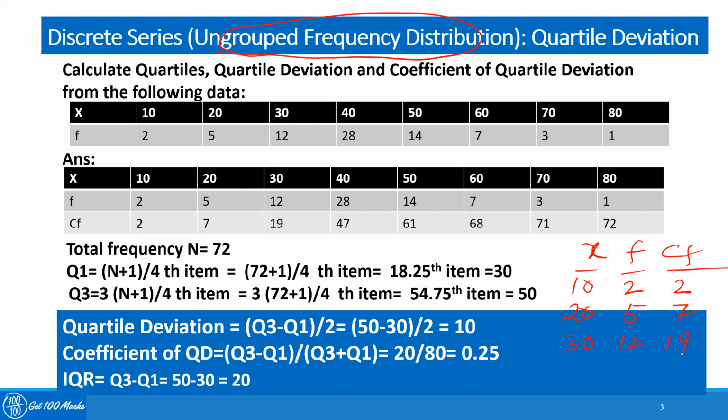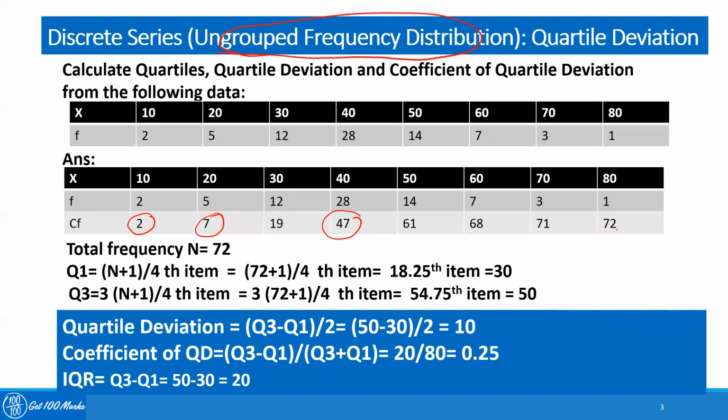Following the same method, let's have a look at how to do that. Here I have given the values of X and the values of F as well as the values of CF. So if you check it, 2 plus 5 is 7, then 7 plus 12 is 19, 19 plus 28 is 47, 47 plus 14 is 61.